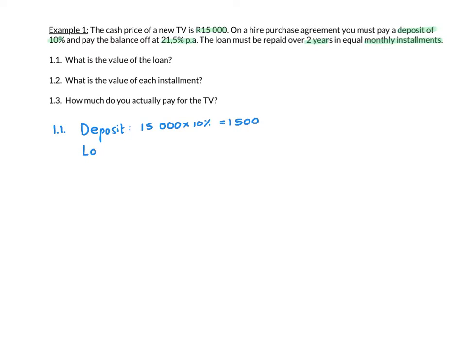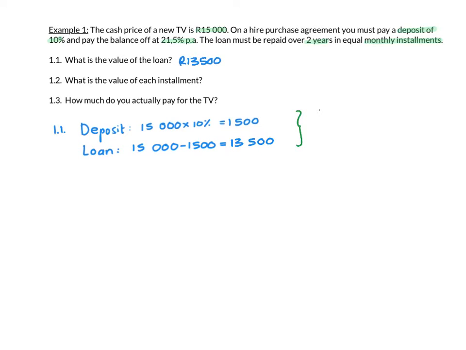This means that the loan can be calculated by taking 15,000 Rand and subtracting the deposit from that. So as you can see, the value of the loan is 13,500 Rand. The other way to do this will involve considering that the loan value is actually 90% of the original value.